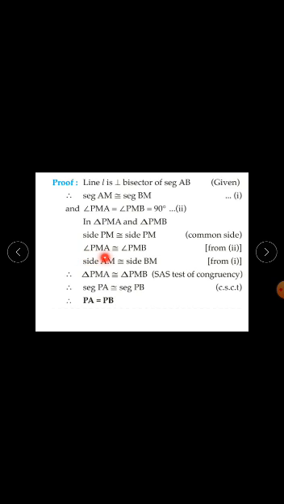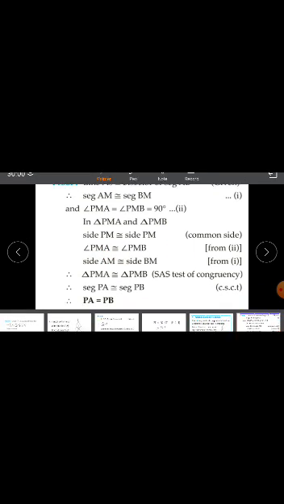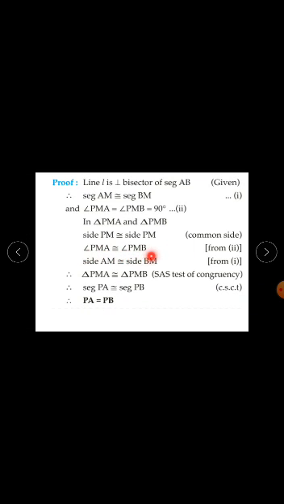Angle PMA is congruent to angle PMB, from equation 2, since both are 90 degrees. Side AM is congruent to side BM, from equation 1, since L is the perpendicular bisector.